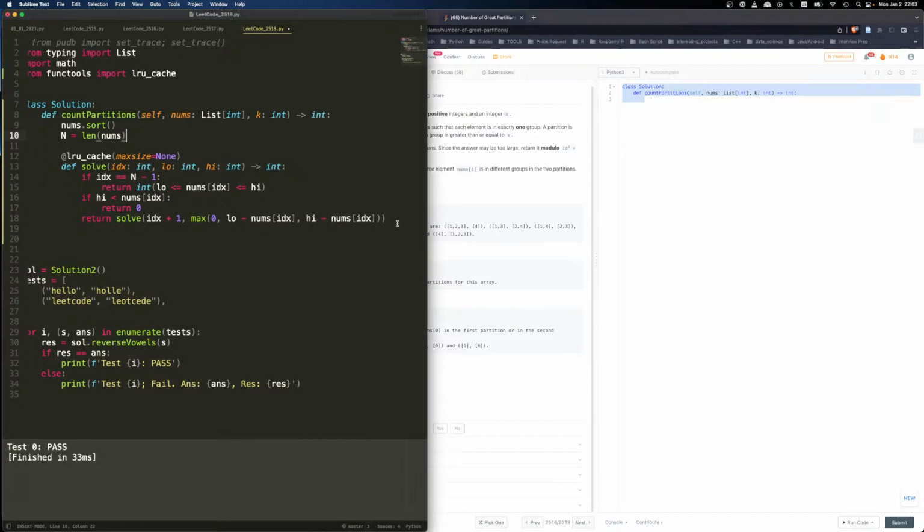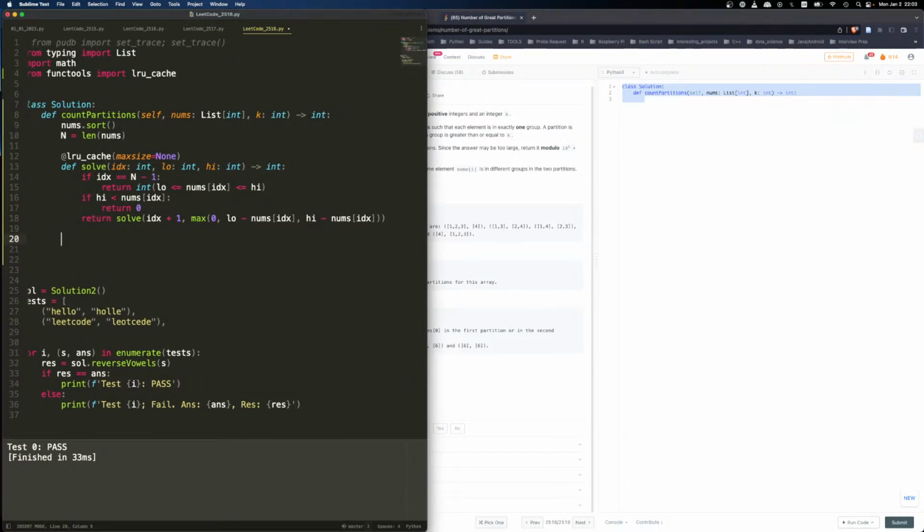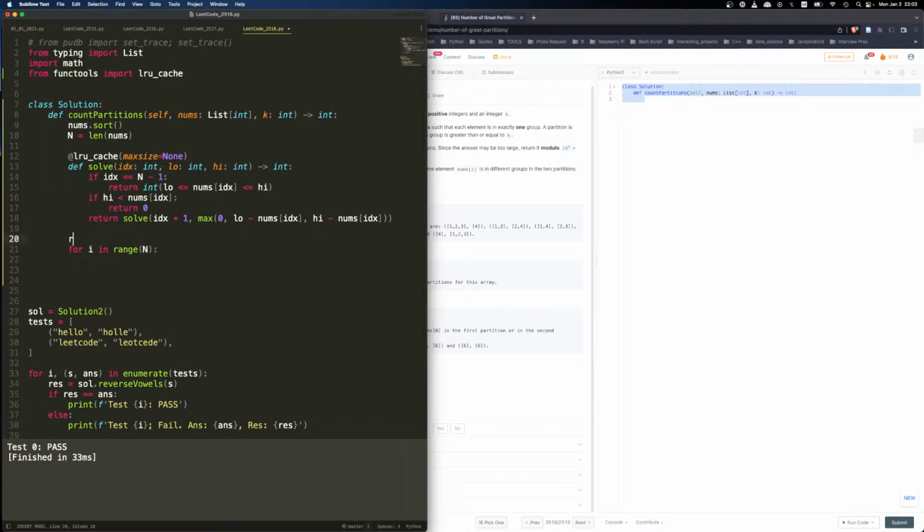I say if this one works. It's not going to be nice, because I can just say for I in range n, from I to the end, we need this k minus nums I, from low to high. What's your low? What's your high? Well, I need this plus this to be greater than or equal to k, right?